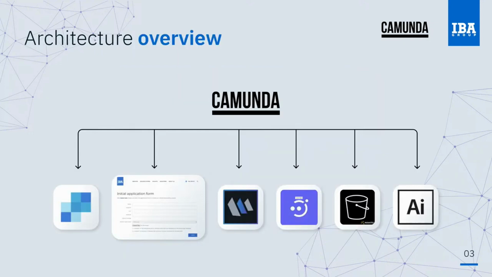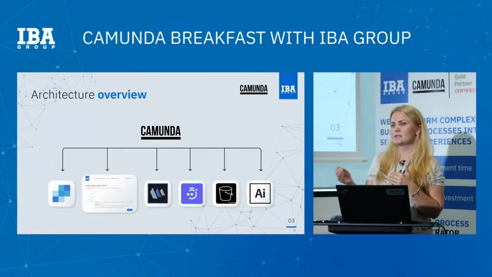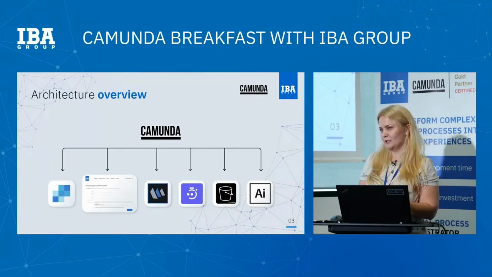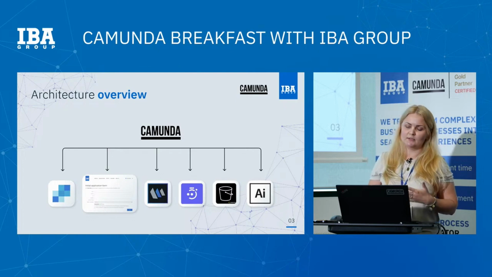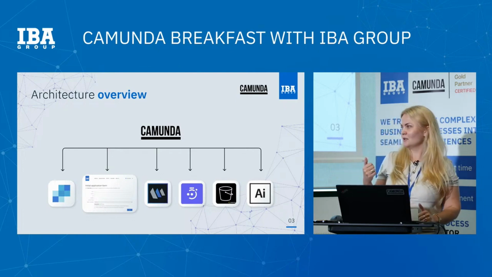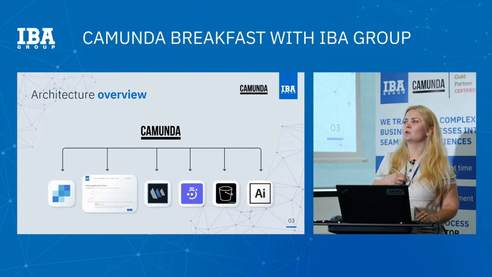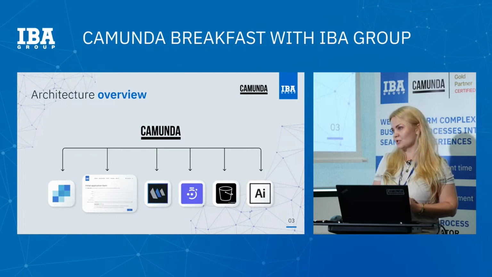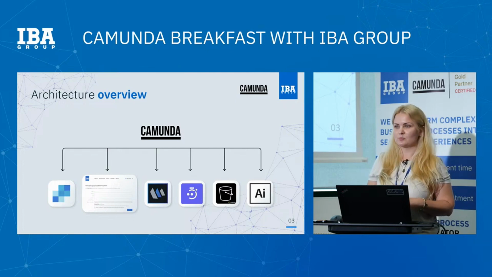When we started working on this project, first of all we created this diagram as-is, and then we analyzed it, analyzing some points and actions of members of this process. We thought about what we can automate and what we can improve. In the end of this process architecture overview, you can see on the screen we use a lot of connectors that help improve the process and make it more efficient.